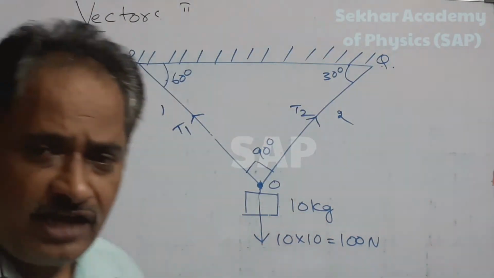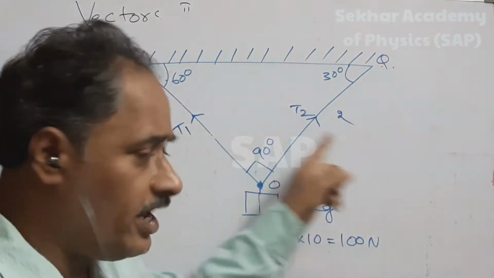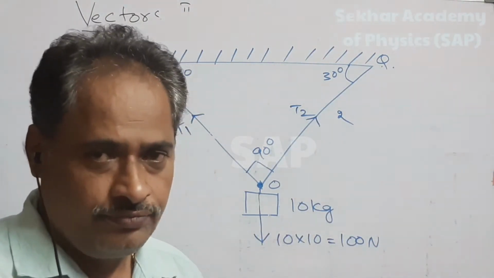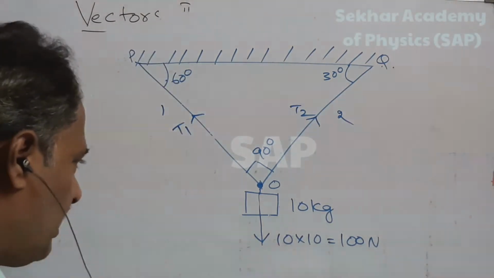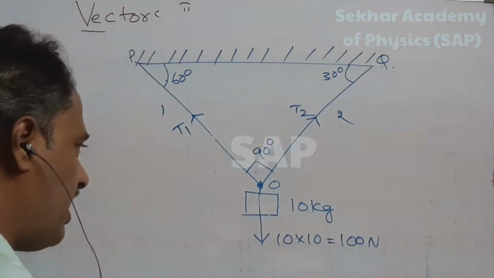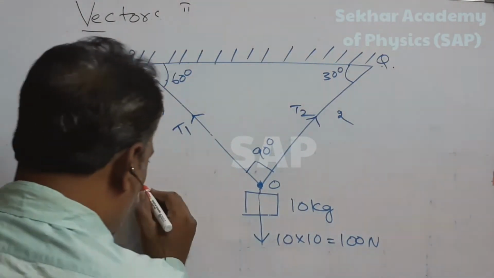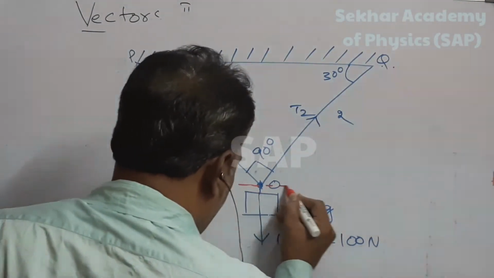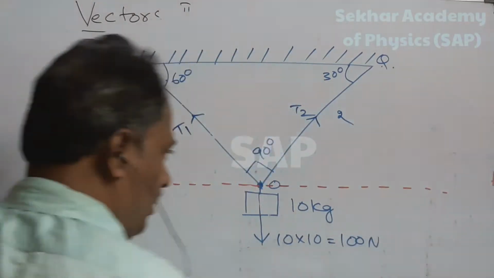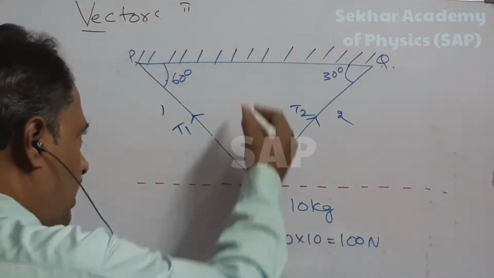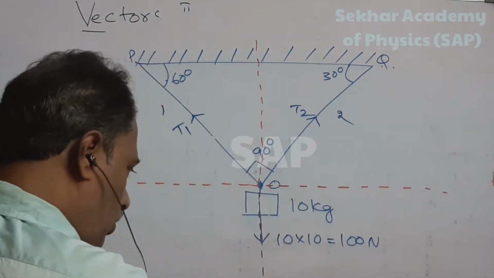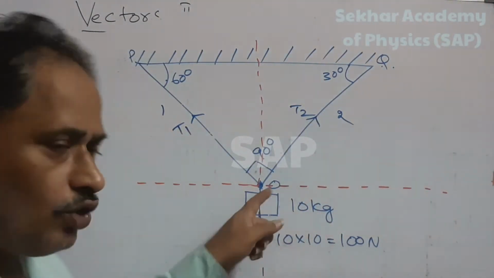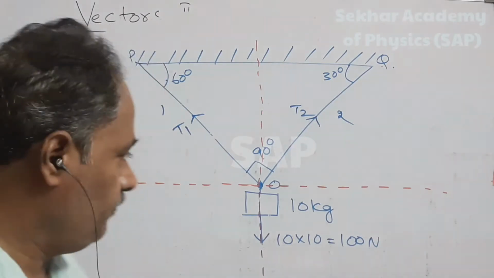Now, by using Lami's principle, we have to calculate T1 and T2. Therefore, by considering this point O as reference, I want to draw two lines. Let it be the first line, and mutually perpendicular I will draw one more line. Hence this point O will act like the origin.